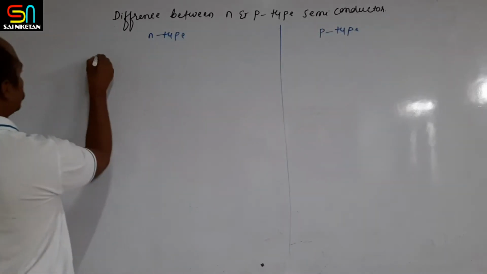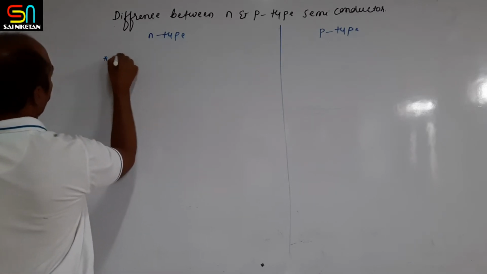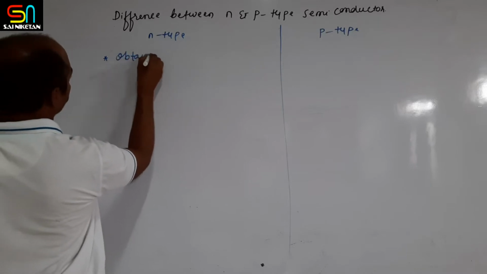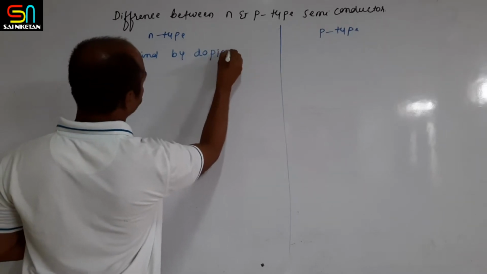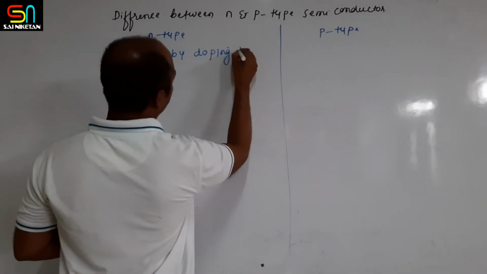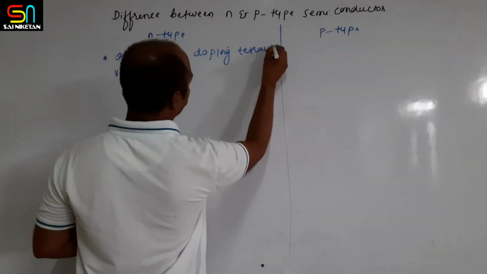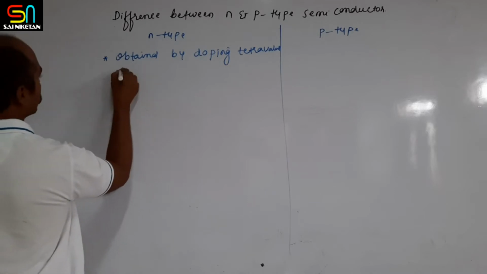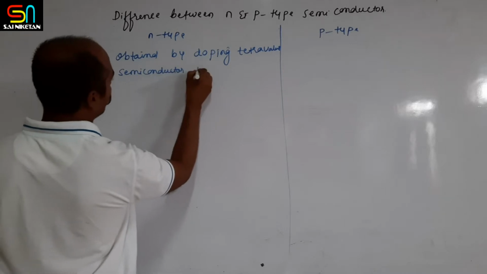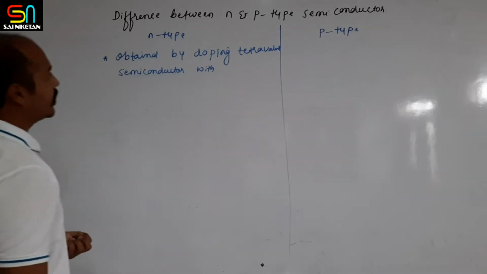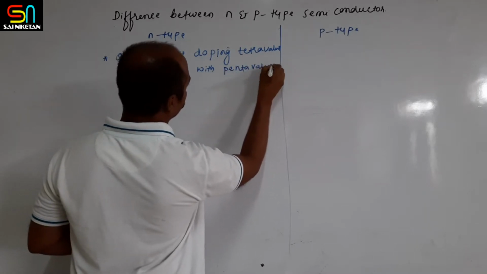The n-type can be obtained by doping a tetravalent semiconductor with which kind of impurity? With the pentavalent impurity.